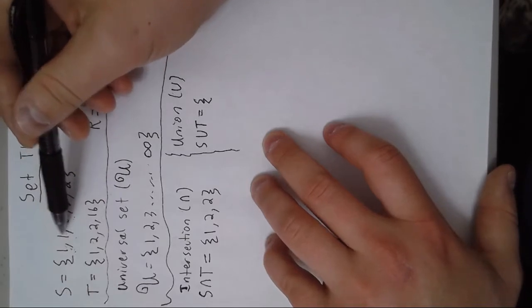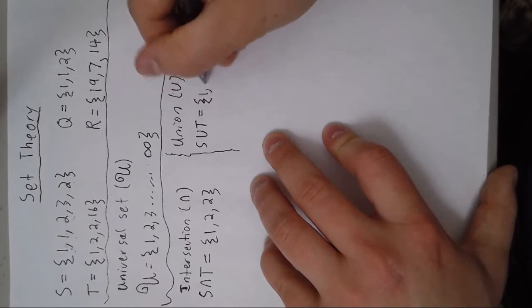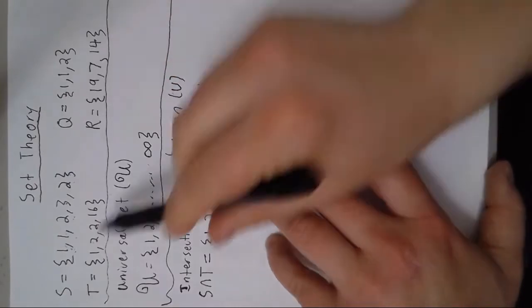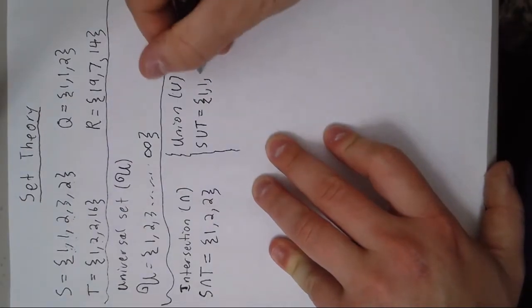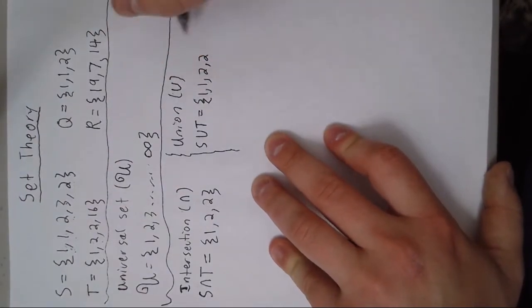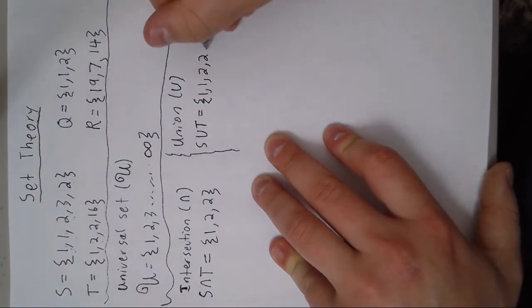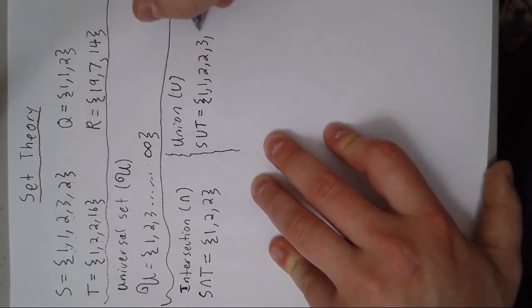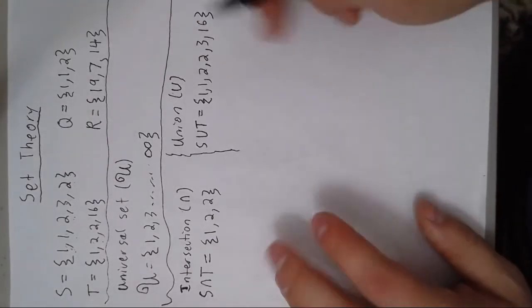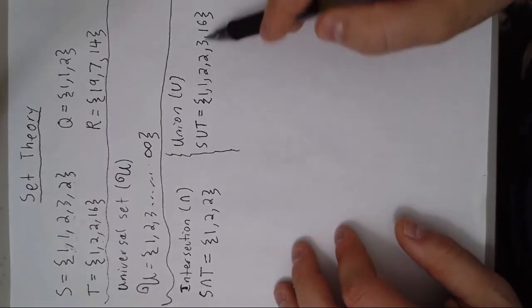But this one is in S and not in T, so we're going to put that 1 too. So it'll be 1, 1, and then we have 2 2's from T. We also have these 2 2's here, so we're just going to put that in one place. So 2 2, and then in S we have a 3, so we're going to put that in too. And then in T we have a 16. So it's all the elements in both sets, and you include the repeats as one where they intersect.